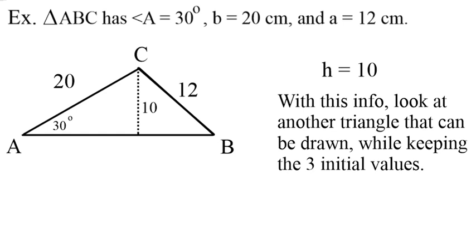What you have to understand is that's what we have. There's our triangle and there's our height of 10. This question says that we have angle A equal to 30, side length B is 20, and side length A is 12.